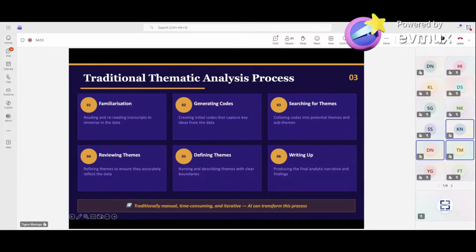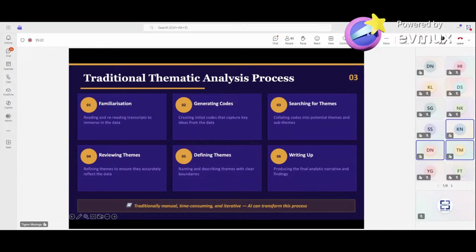And we now see that AI, the large language models, or your NVivo, Atlas, etc., can short-circuit the process. They can streamline that whole process. If you're familiar with ChatGPT, you know that there's an extension or plugin on ChatGPT.